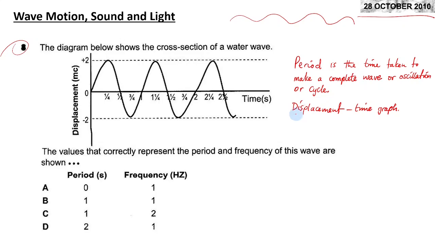That's what we call such a graph. Now, when you are given displacement this side and time, we call it a displacement time graph. So, on a displacement time graph, there are about three things that we can find. One, we can find the period, and then we can also find the amplitude.